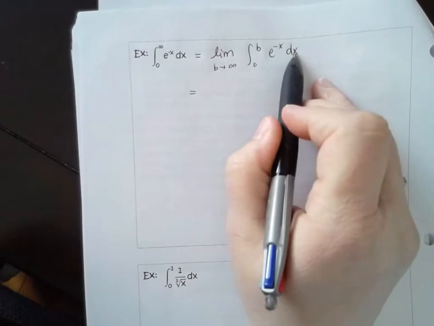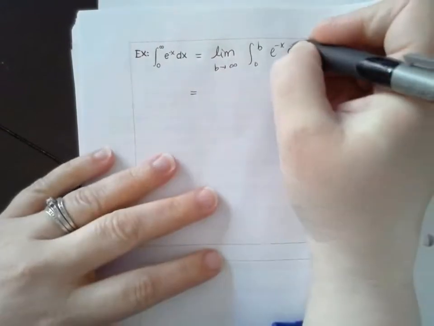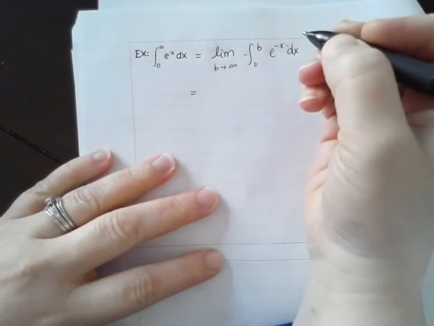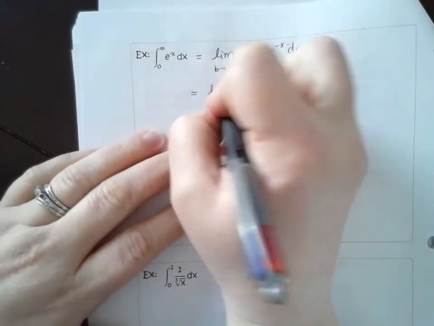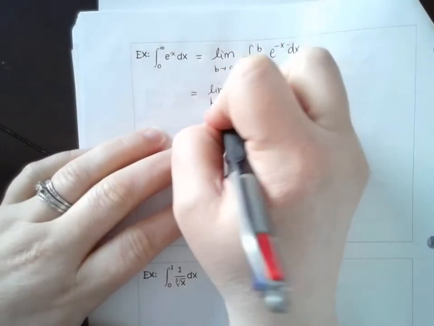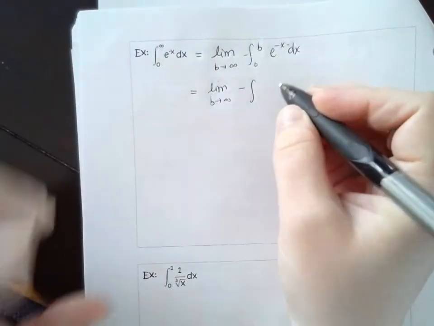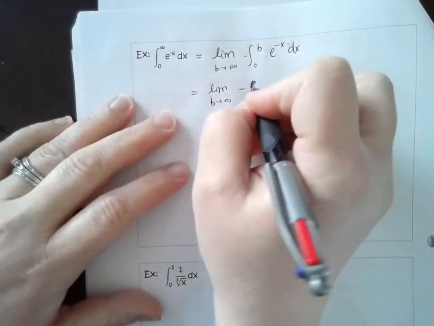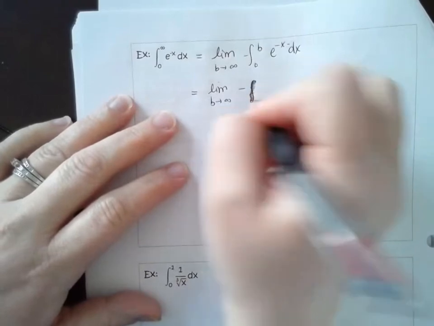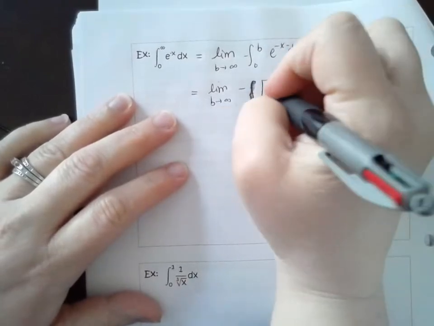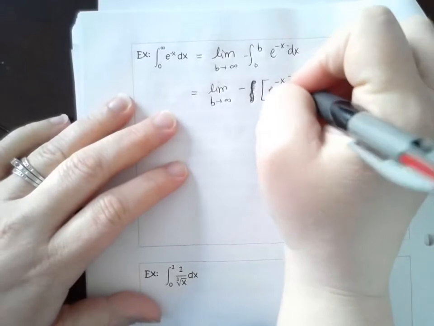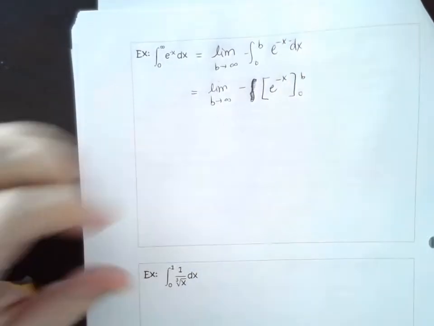This is e to the u du, but only once there is a negative here and a negative here. I'm just going to write the answer, which is e to the negative x, from 0 to b.